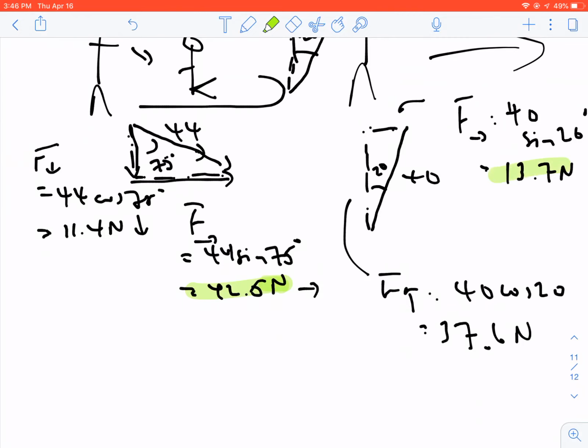So my total force in that direction is 42.5 plus 13.7, which equals 56.2.